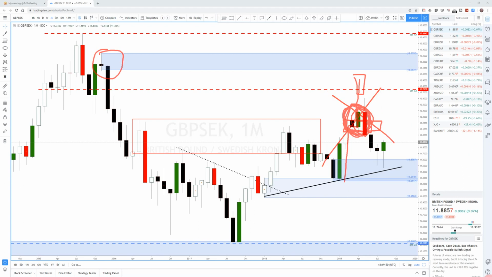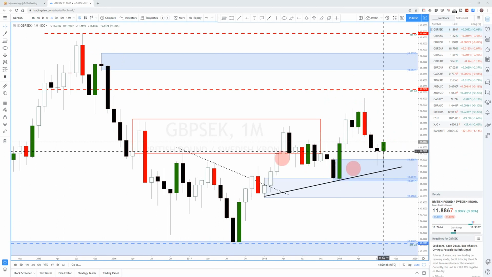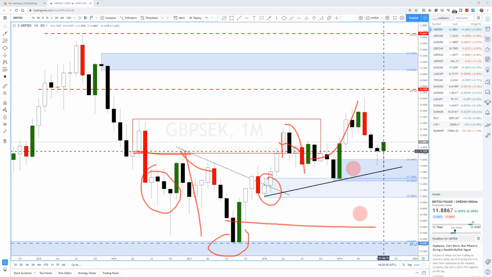Those are the rules. Impulse with no consolidation away means no imbalance. So here it's the same thing: rallied, dropped, nothing. Consolidation away happened there, consolidation away happened here, so it becomes an area tested, used up, eliminated.